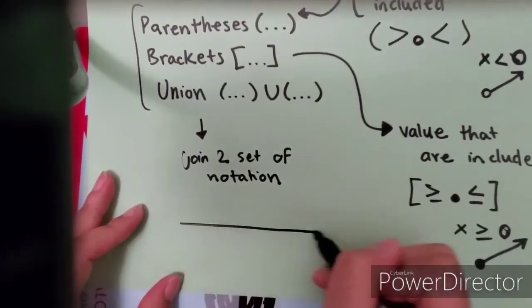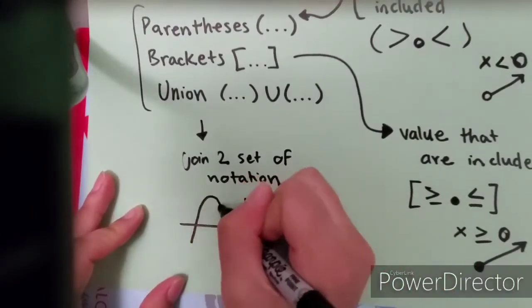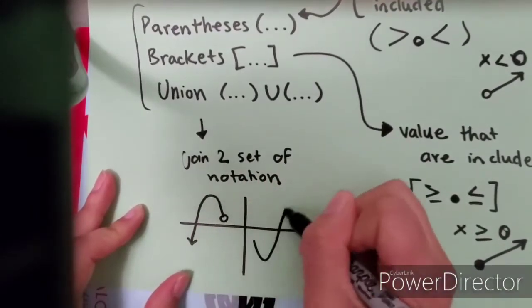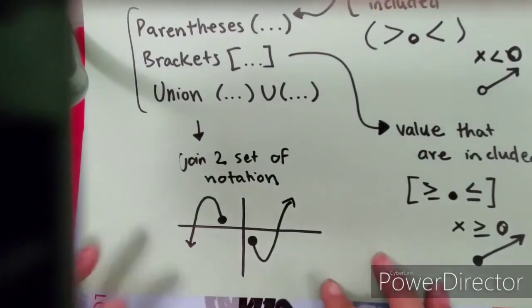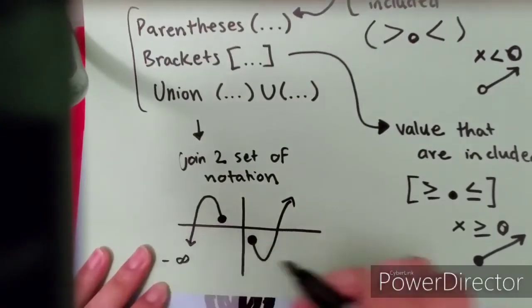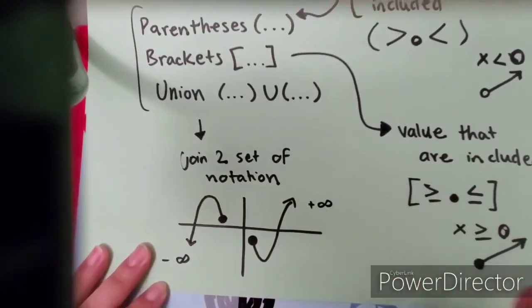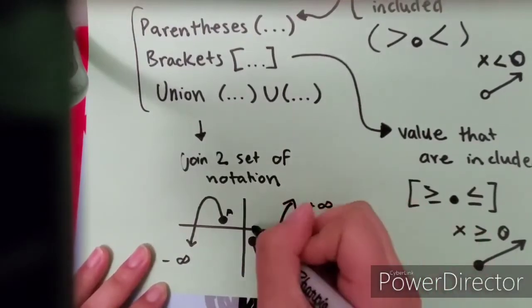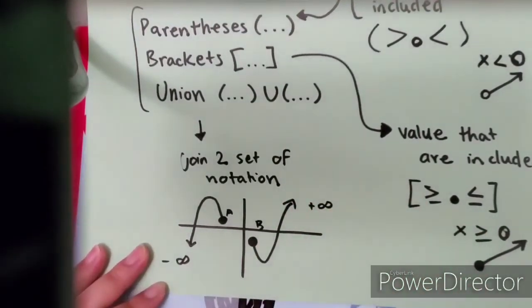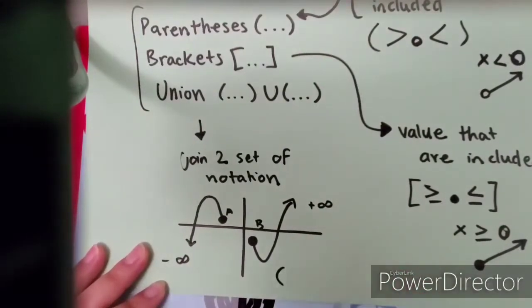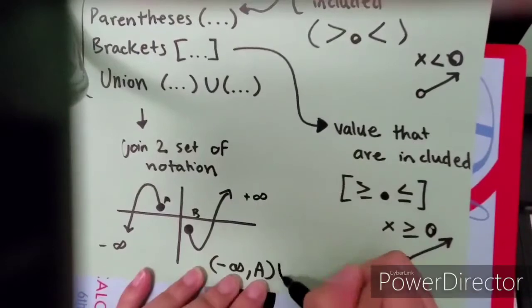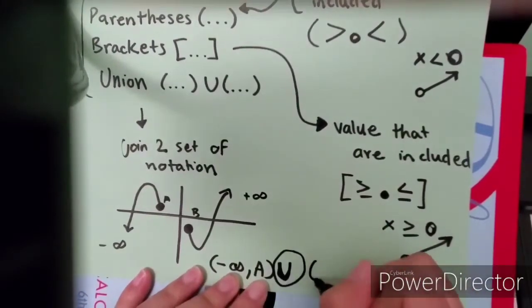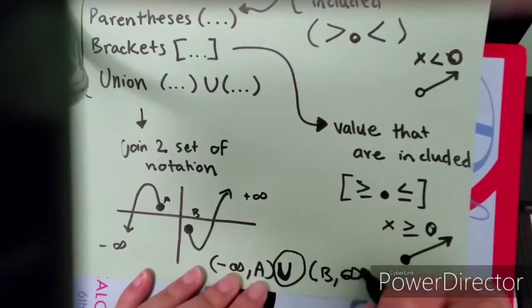So an example of that would be if I was to have a graph and here's one function, and this would be negative infinity, positive infinity, and let's name this point A and B. A union sign would be here.